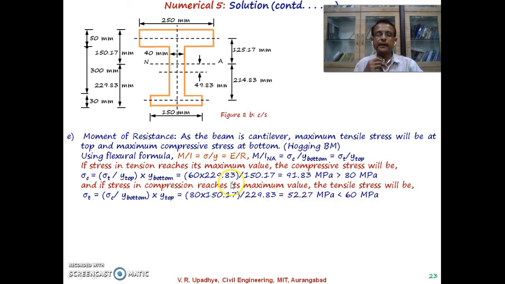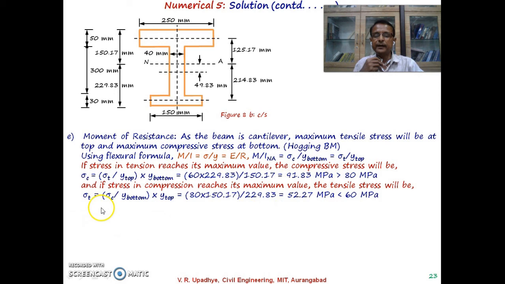So what we can conclude with this calculation is, if the load is applied in such a way that the compressive stress reaches 91.83 megapascal, when the maximum tensile stress reaches its permissible stress, then that is an unsafe case.